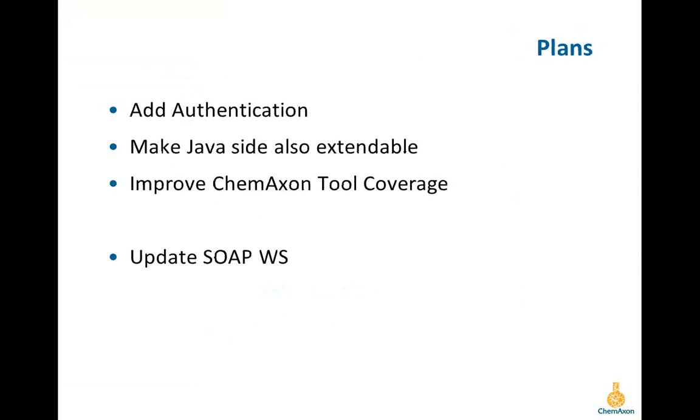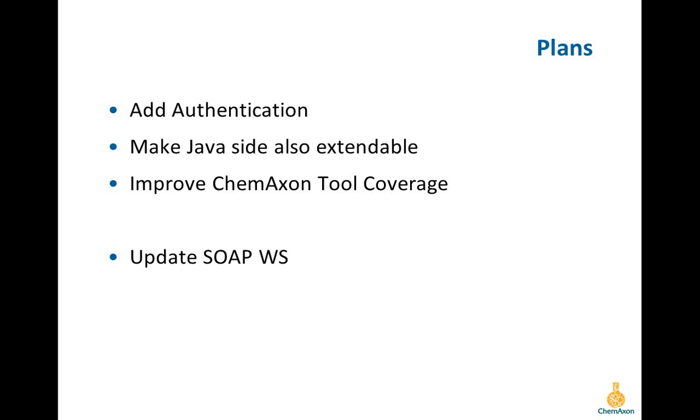The last slide, and then you can ask some questions if you want, is the next steps. In the 6.1 version we are going to add some kind of built-in authentication mechanism. We would like to also expose the server-side Java API for you. And we will definitely improve ChemAxon 2 coverage.